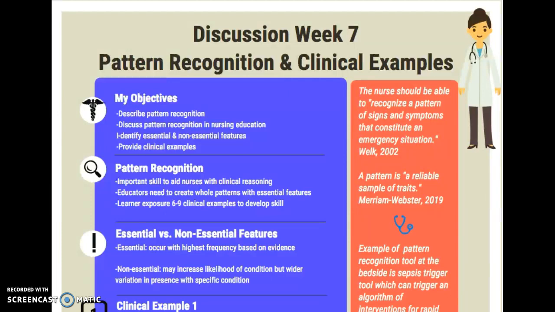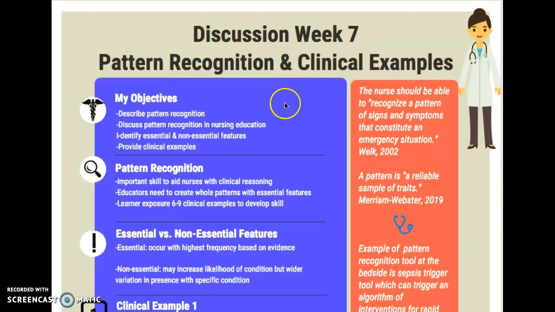And finally, to provide some clinical examples where pattern recognition could be used as a teaching concept to help nursing students. And in my examples, it would be used to help nurses in a professional development program to help them recognize and respond to crises.